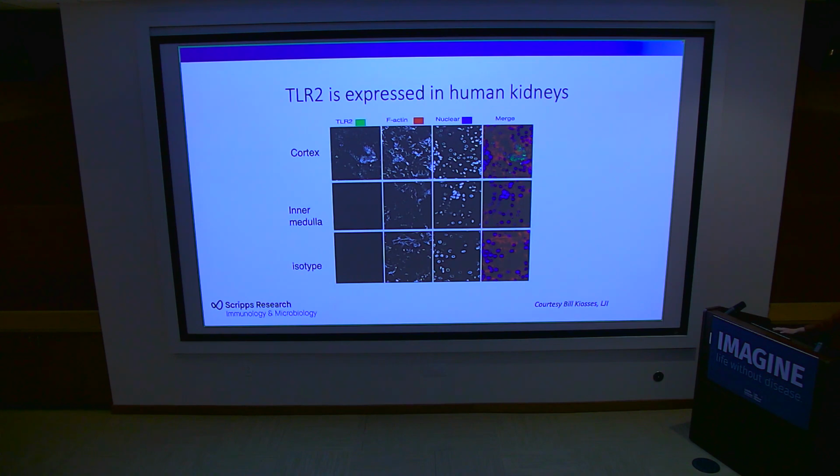Then we trot back to the lab, stain it, do everything. So there was a lot of time elapsed, at least 45 minutes, maybe longer, between when we get the kidney and when we get it back. As you can see, the receptor is not as nicely delineated on the basolateral sides anymore. But still, in the humans, we saw the same distribution. It's present in the cortex, not in the deep medulla.